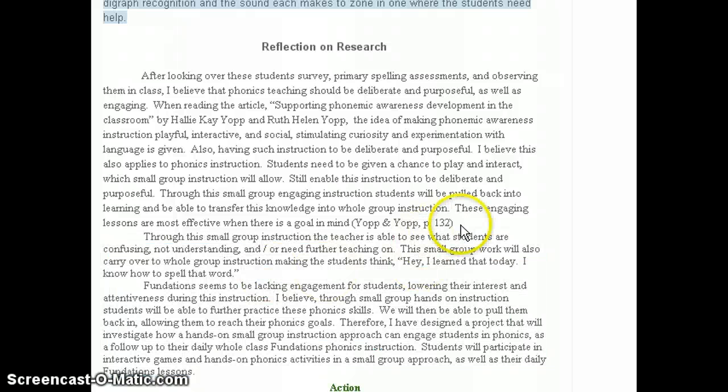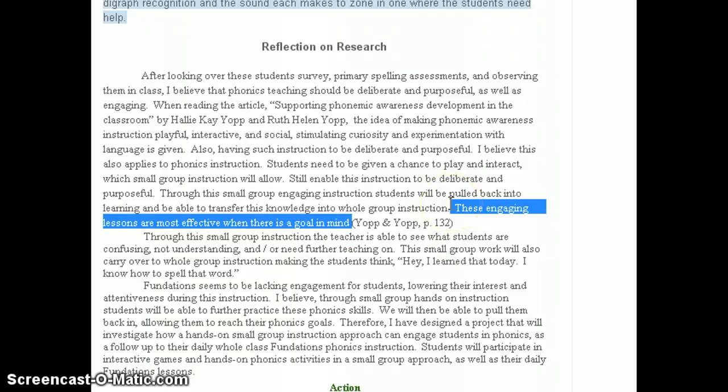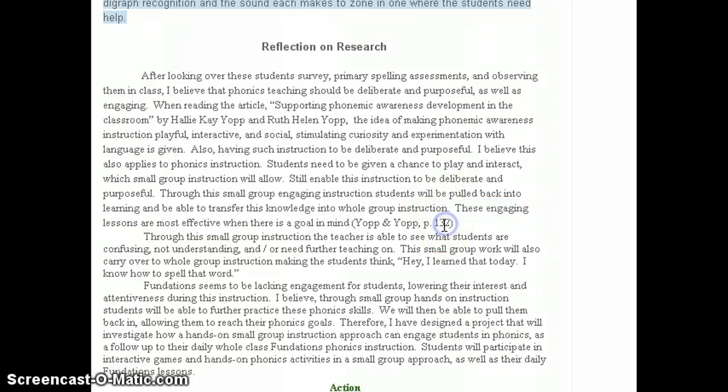I notice here, without reading, that this Yopp and Yopp citation actually is missing a year, and when you include the page number, it means it's a direct quote, but it actually is not a direct quote, I don't think, because there's no quotation marks here or anything. So you want to check your APA throughout. You have Yopp and Yopp here, but you don't have the year.